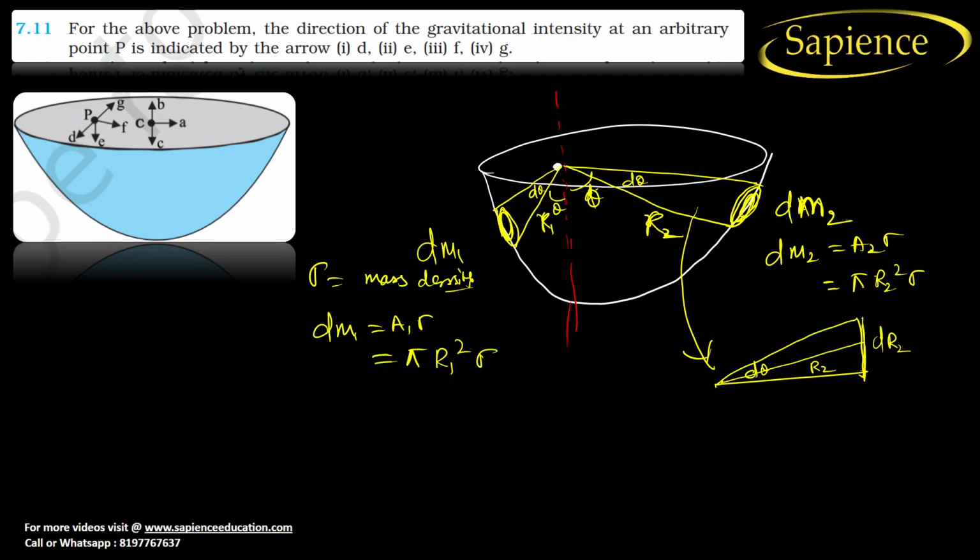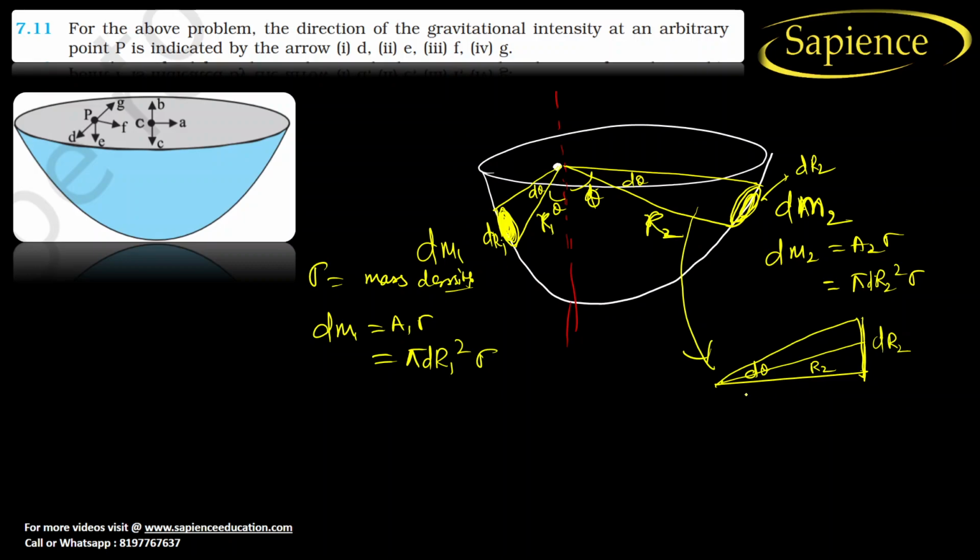And here the area pi r squared can be considered as dr2 squared. Here also dr1 squared, sorry for that. This is your dr1 squared, because it is your dr1 length. I've considered this circle as having a dr1 length, and this circle is having a length of dr2.